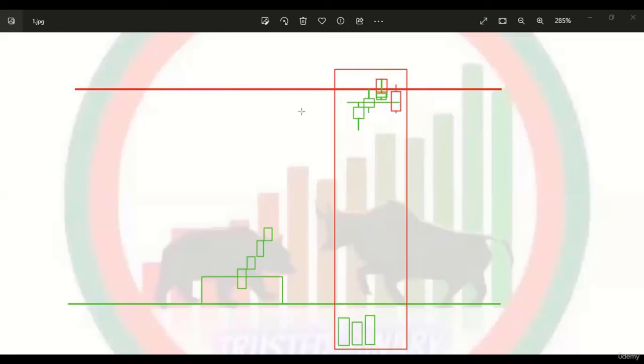But we can take this trade also. The first time the market reversed, the second time the market reversed, and the third time the market came here again, and that situation is ranging or sideways. Definitely we can enter from here in the downward direction.